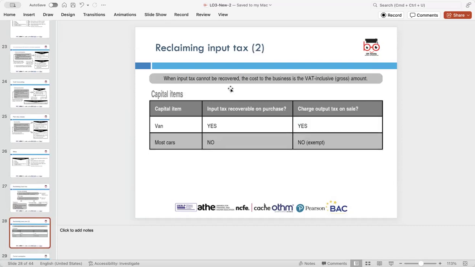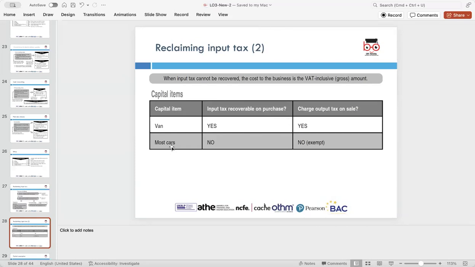Reclaiming input tax, capital items: input tax on purchase, charge output tax on sale. So basically, if we talk about vans, input tax is typically recoverable on the purchase of a van, and output tax is charged on the sale of a van.